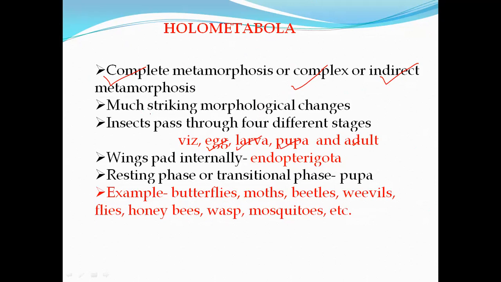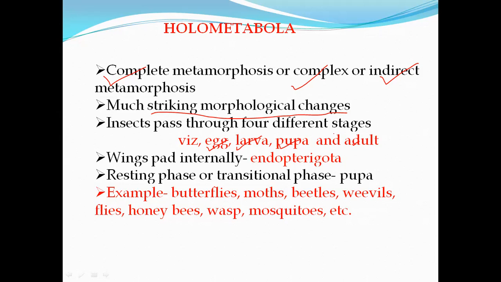Okay, but here the most striking morphological changes occur. If we see the development or growth from egg to adult, much more morphological and appearance changes occur in this holometabolous insect. Why? Holo means complete.